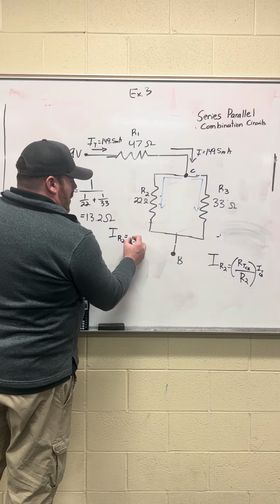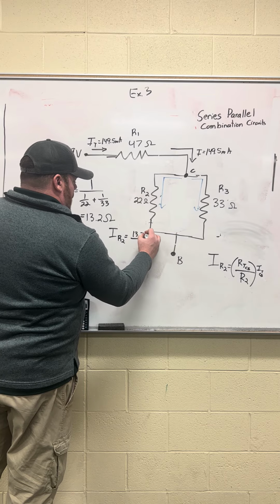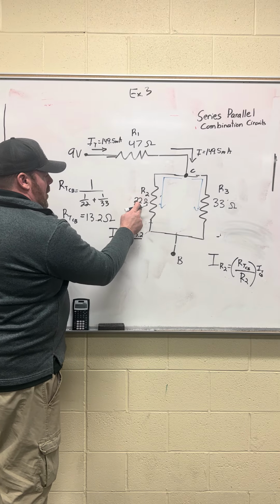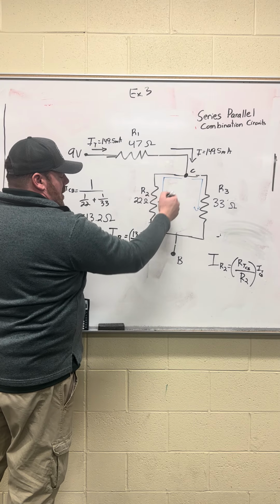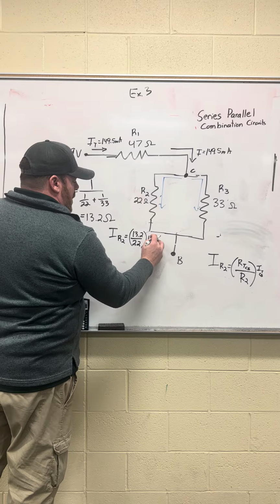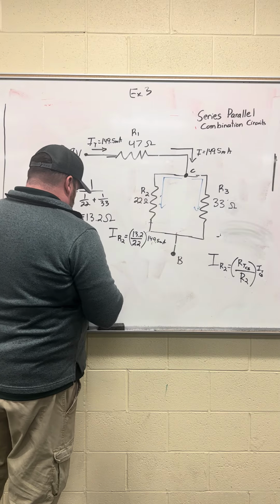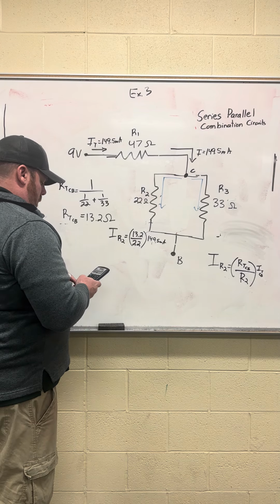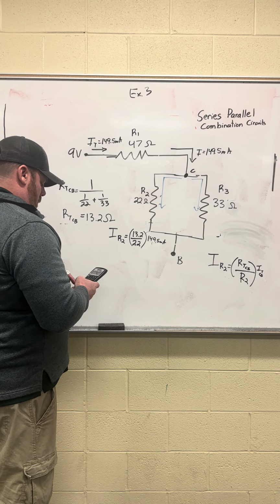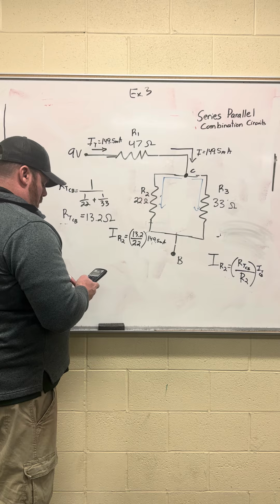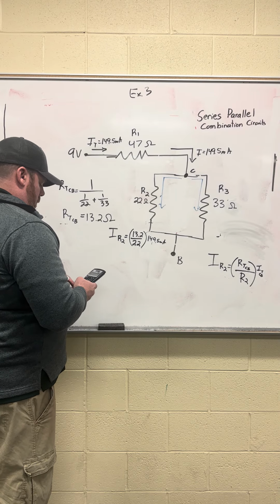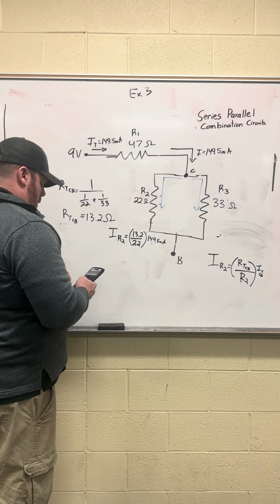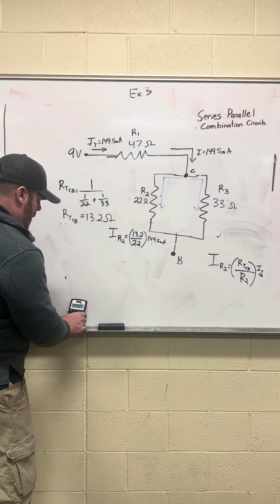So now we're going to put this value according to the equation there. So 13.2, and we're looking at this value here, so R2 is 22, and we're going to multiply that by the current coming into C, which in our case was 149.5 milliamps, which will give us 89.7.